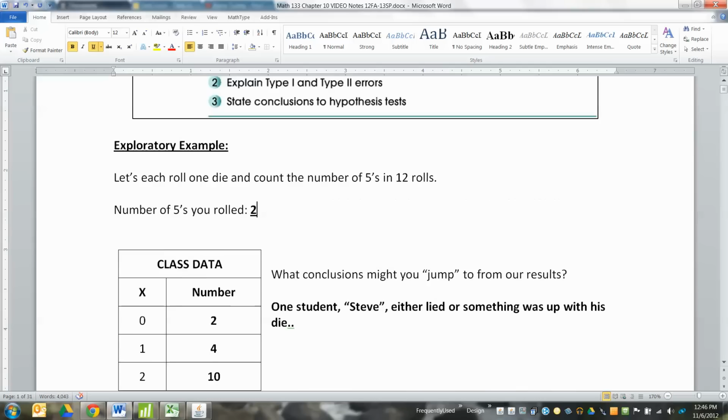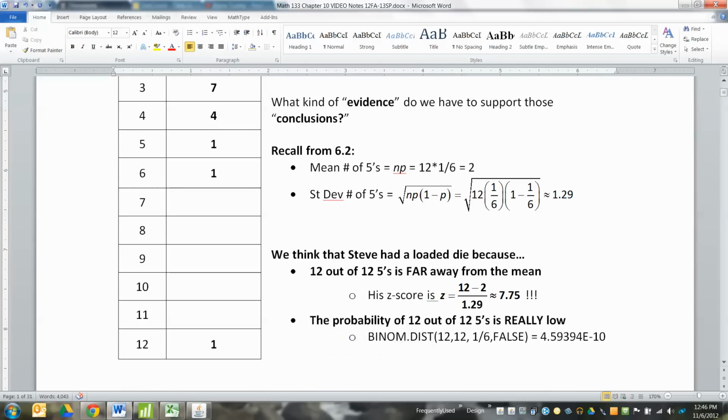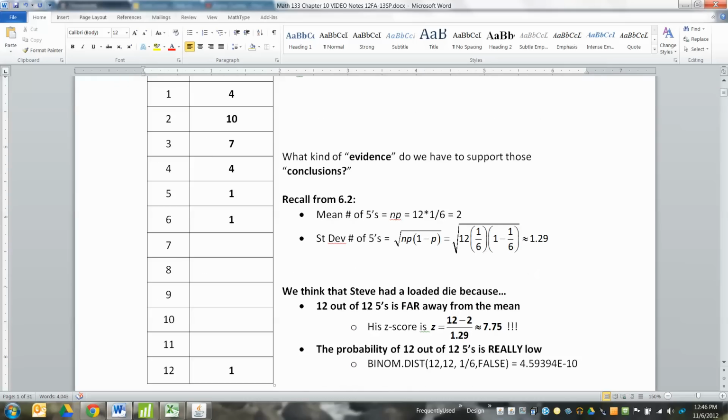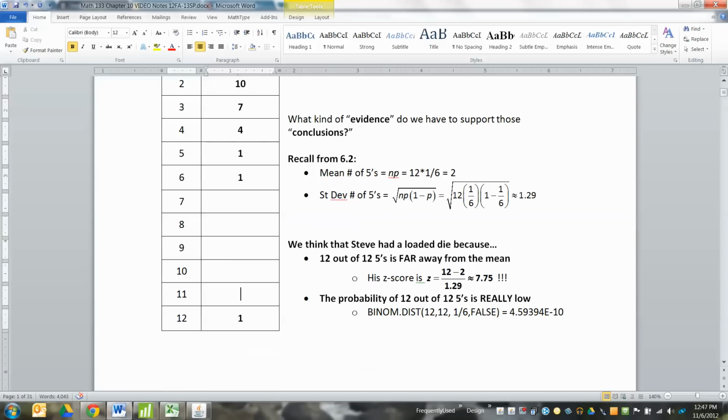Okay. Now, what conclusions might you jump to if these are your results in your class? So let me back up for just a sec so you can see. There we go. So we had 2 people that got 0 5s, 4 people got 1 5, 10 people got 2 5s, 3 people got 3 5s, 4 people got 4 5s, 1 person got 5 5s, 1 person got 6 5s, no 7s, no 8s, no 9s, no 10s, no 11s.